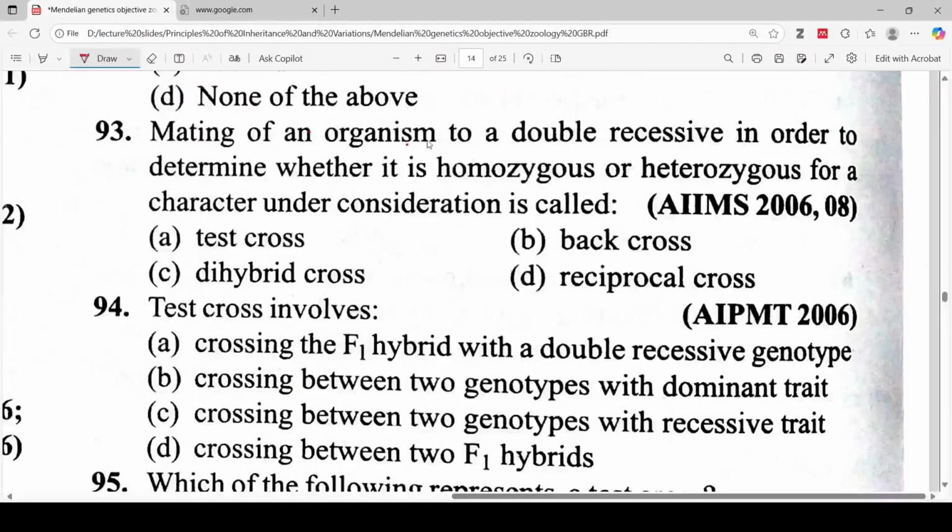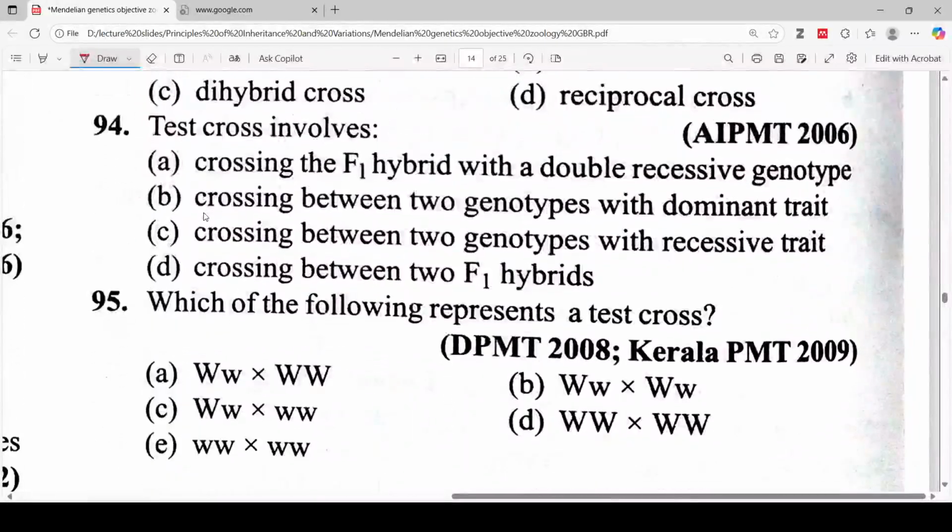Mating of an organism to a double recessive in order to determine whether it is homozygous or heterozygous for a character under consideration is called. Option A. Next question. The test cross involves 90 option and the correct answer will be option A.